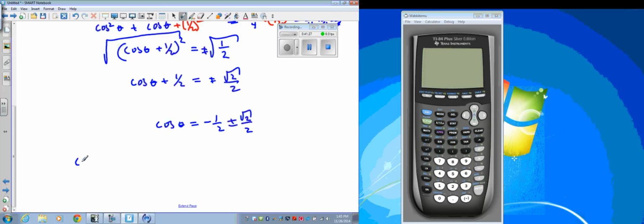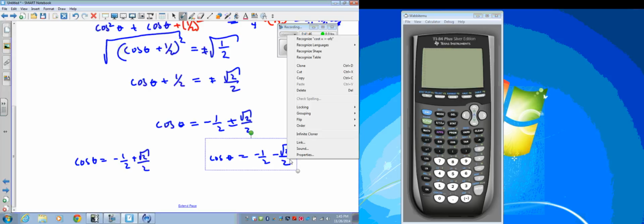So I have cosine theta equals negative 1/2 plus the square root of 2/2, and cosine theta equals negative 1/2 minus the square root of 2/2. And I'm not sure that you can get that in your head.